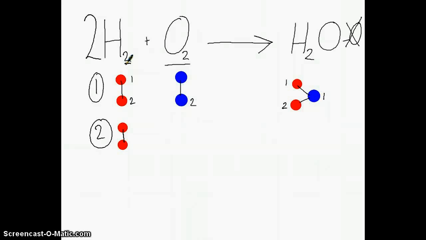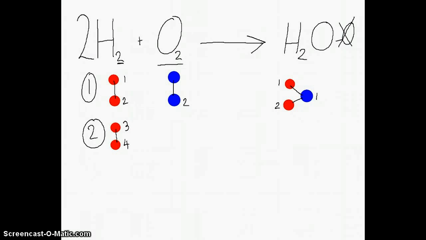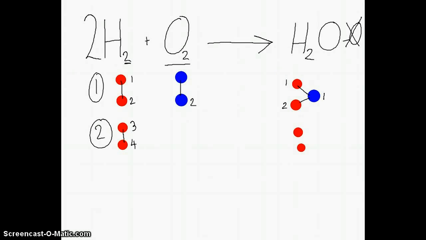Well, I've got my 1, 2, 3, 4 hydrogen atoms on that side, which means I now need another 2 on the other side to keep it balanced. 1, 2. So that's 1, 2, 3, 4. And they both want to join up to an oxygen atom, which gives us 1, 2 oxygen atoms on the other side, the same that we had to start with.